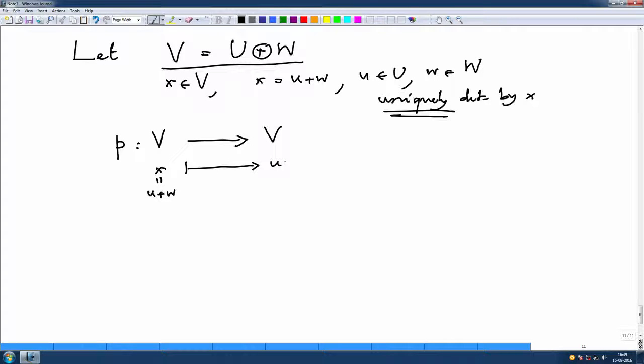Look at this map. First of all, I want to say that this map is well defined. Well defined simply means that if x has another expression, whatever you are taking should be the same, but that is because it is uniquely determined. This map is well defined, and also P is K-linear.